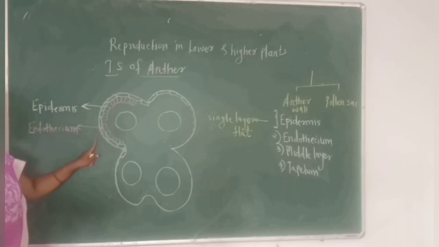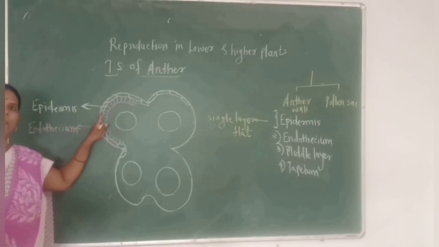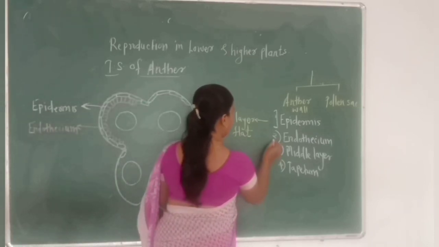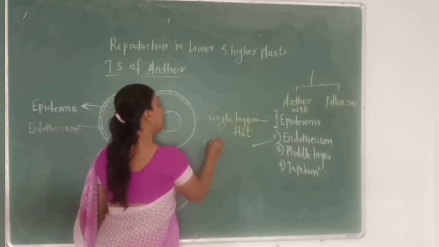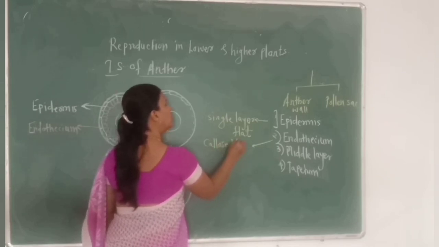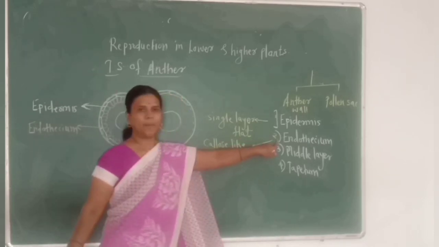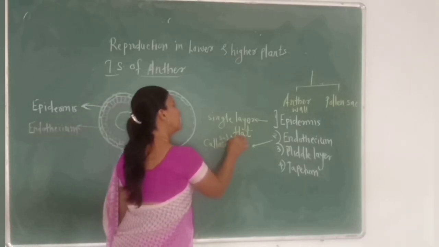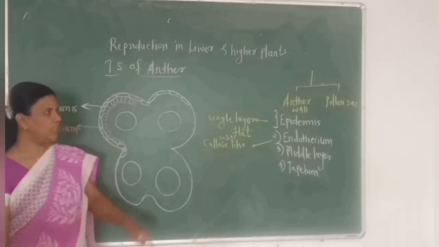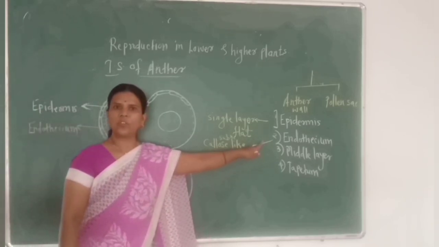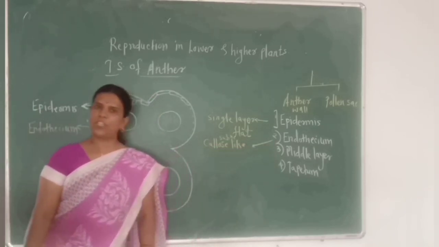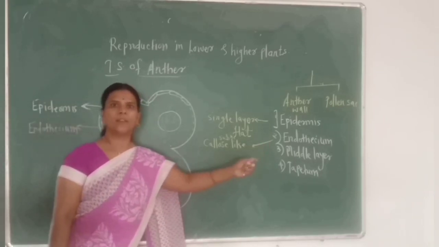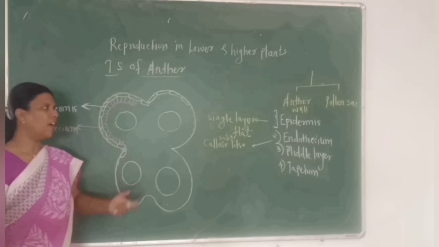In endothecium, there is a thickening of callus-like substance, due to which it gives hygroscopic nature to the endothecium. This hygroscopic nature of endothecium helps during the dehiscence of anther.